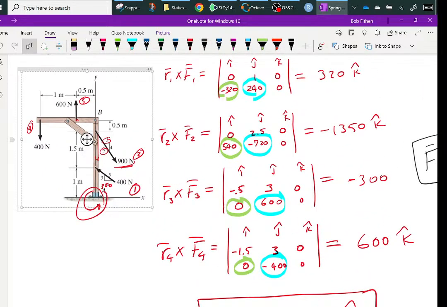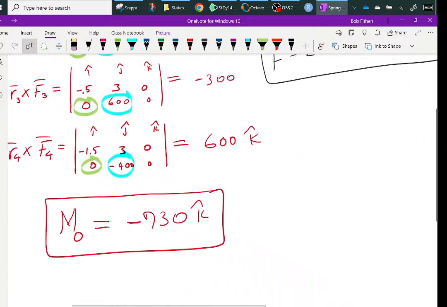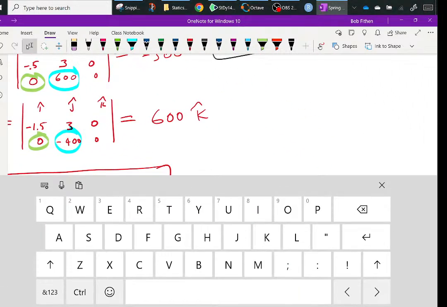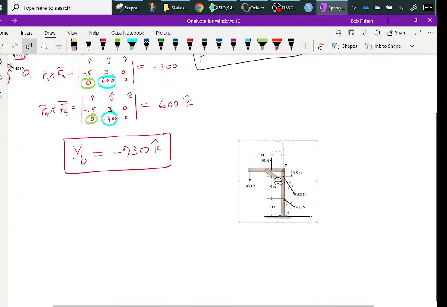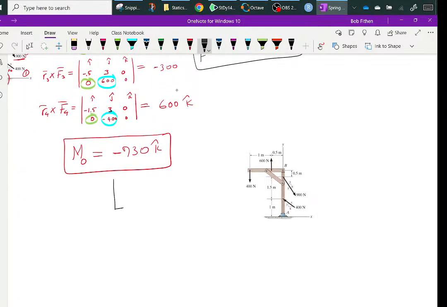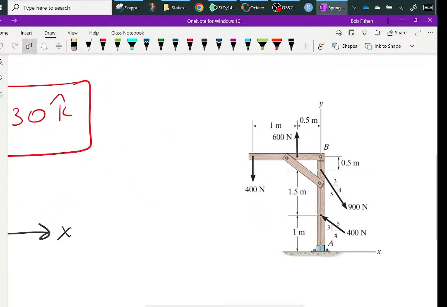Let me just get the picture. Copy the picture, put the picture right here. So what you get, remember with these moment things, this is X and this is Y. This is a positive. And so, minus 730.